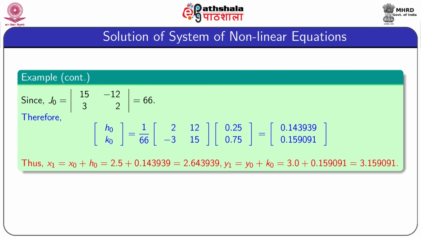Therefore, the first approximate value x1 = x0 + h0 = 2.5 + 0.143939 = 2.643939, and y1 = y0 + k0 = 3 + 0.159091 = 3.159091. So, we obtain the first approximate values of x1 and y1.